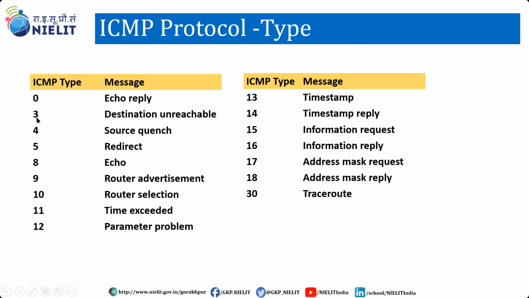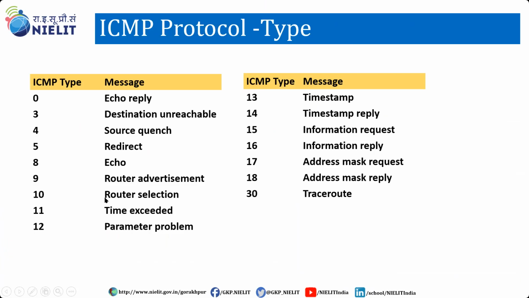Similarly, 3 means destination unreachable. 4 means source quench, so there is some buffering related issue. 5 means redirect. 8 means echo. When we send a ping to the target machine, it is an echo message. So an echo message carries ICMP type value equal to 8.